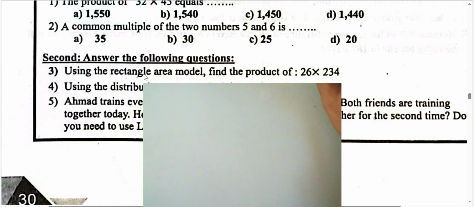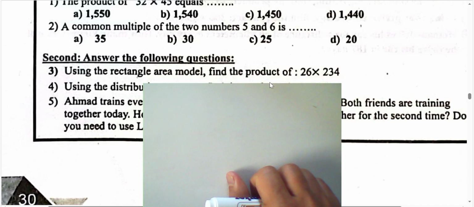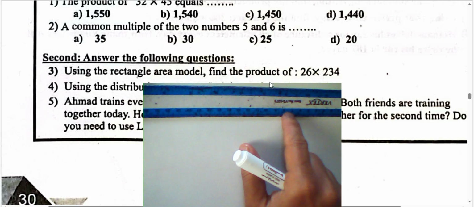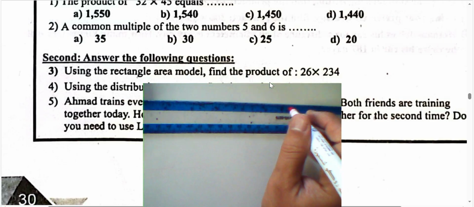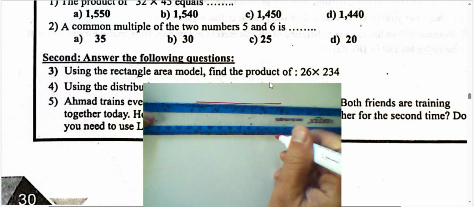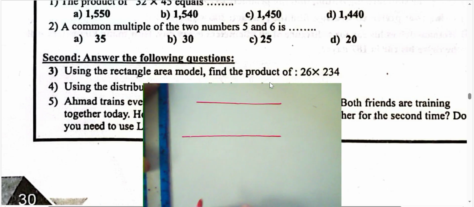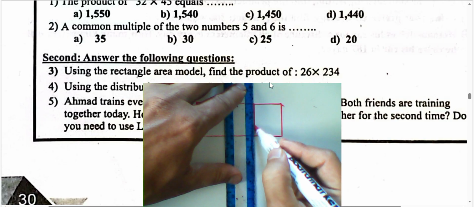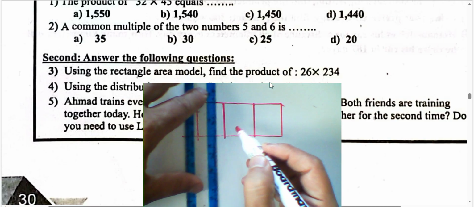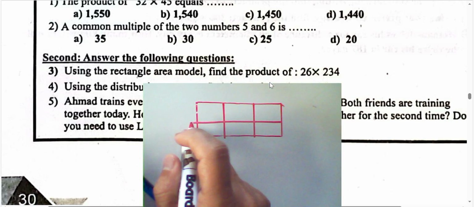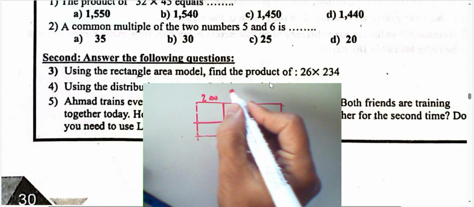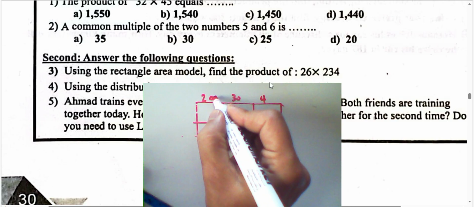Question number 3, use a rectangle area model to find the answer of 26 and 234. Okay, we can draw a rectangle and divide it into 3 parts like this, because the first number has 3 digits. Like 234, right? 200 plus 30 plus 4.